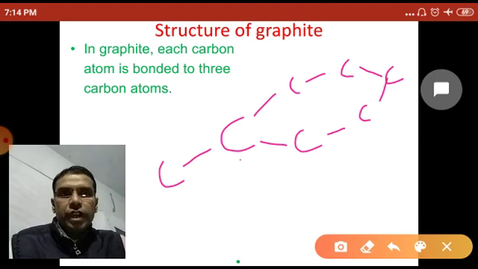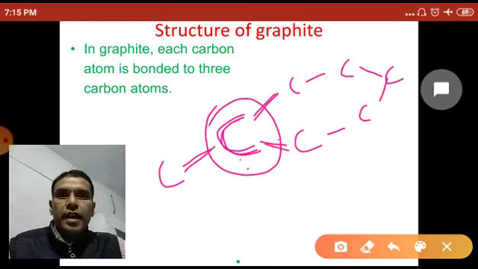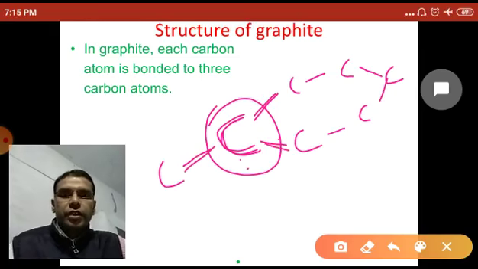If you consider this carbon, it is attached with another 3 carbons. These carbons form 3 covalent bonds and one valence electron remains free in the case of graphite, and they form hexagonal ring-like structures.